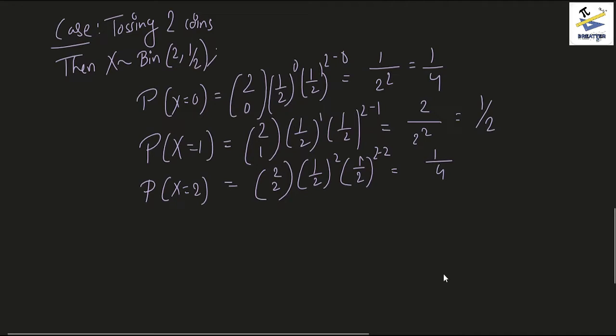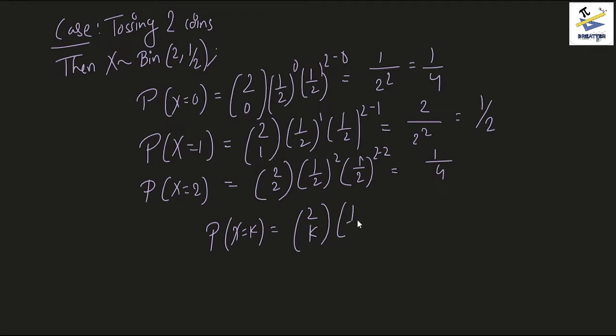And all of these probabilities add up to 1. So in general, when you find it, you can write that x equals k would give you 2ck into half to the power k into half to the power 2 minus k. If you see, these two things can be added because they have the same base, and the exponents can add up, so it will become 2ck half to the power k plus 2 minus k.